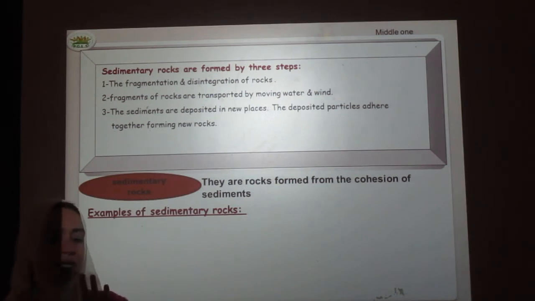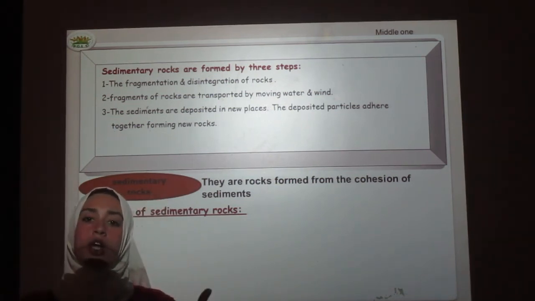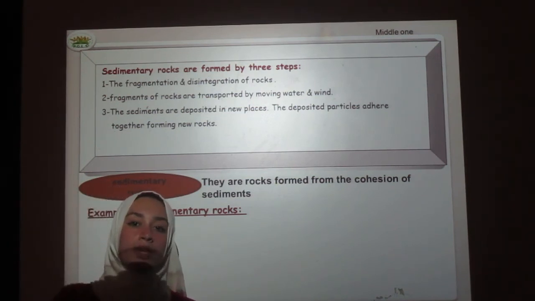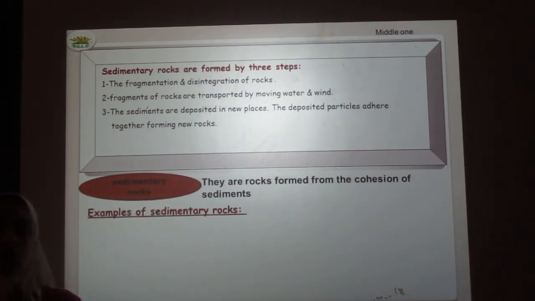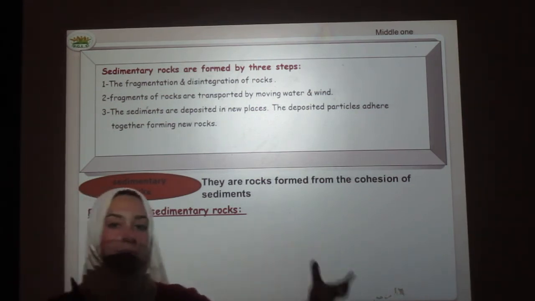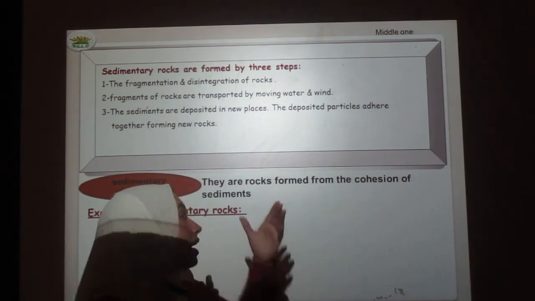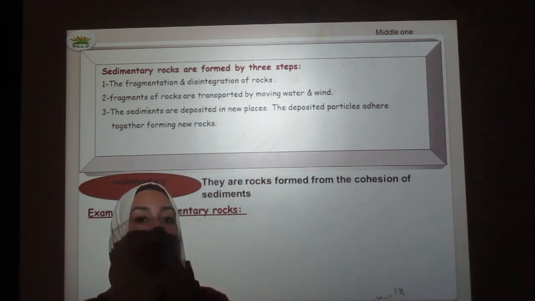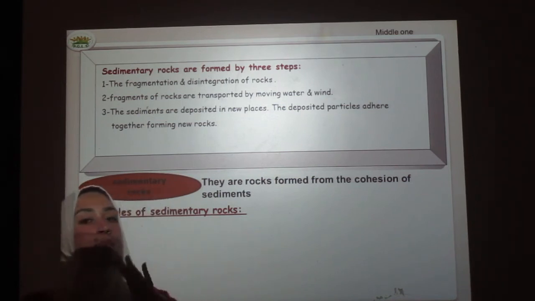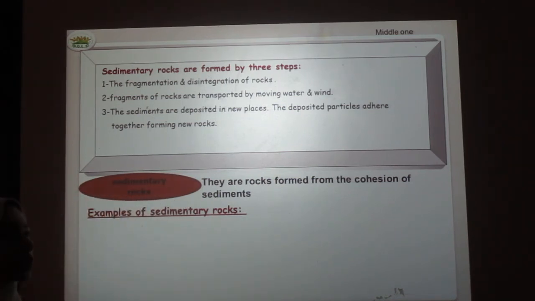Again, we have 3 steps. Number 1, the big rock is fragmented by the water and the wind. Number 2, these fragments or particles are transported by wind or moving water to another place. Number 3, the fragments will cohere together and form layers of sedimentary rocks.